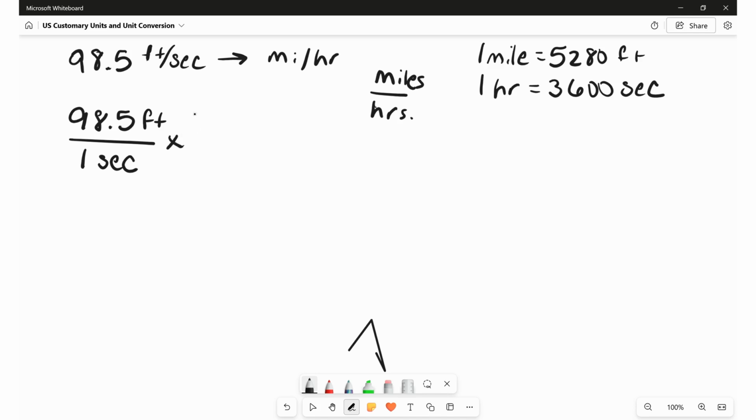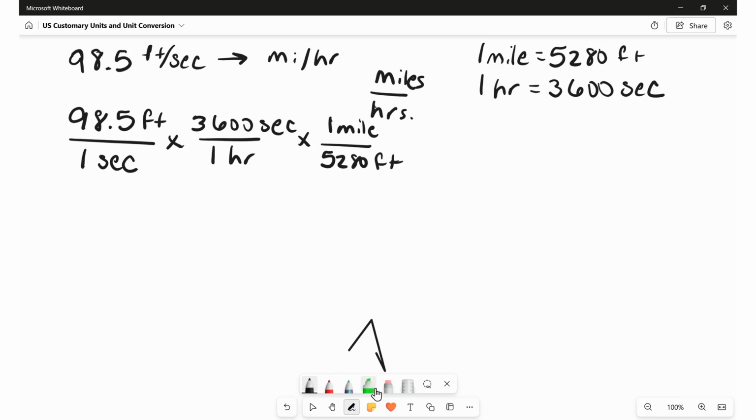We can multiply this by 3,600 seconds over 1 hour, and then multiply again by 1 mile over 5,280 feet.